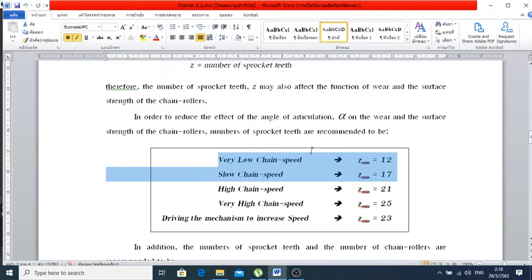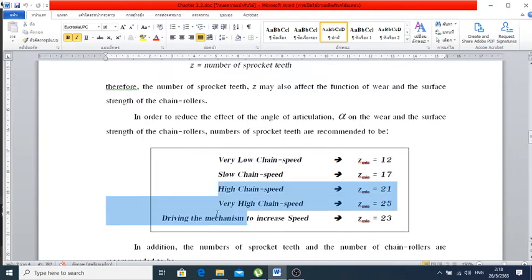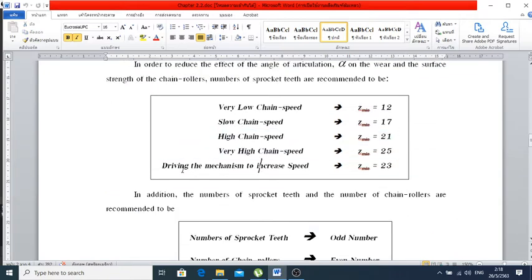The high and very high are classified as automotive engineering or vehicle design. For the increased speed, we have no doubt about it, we're going to go for 23.